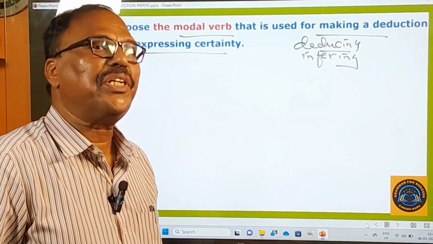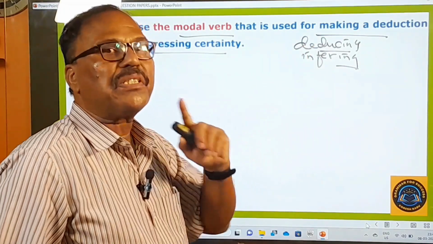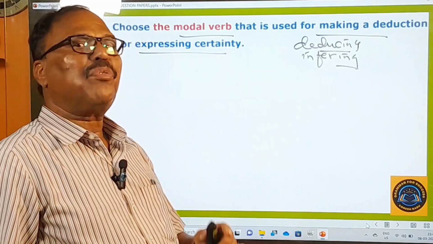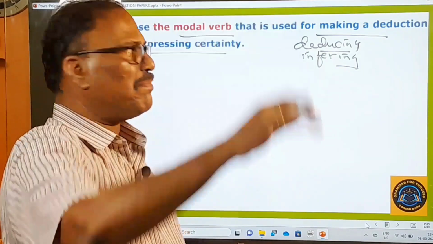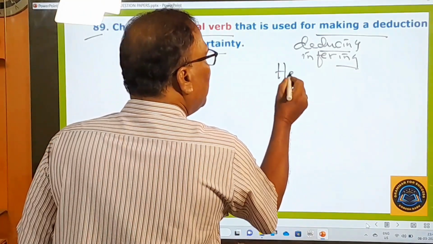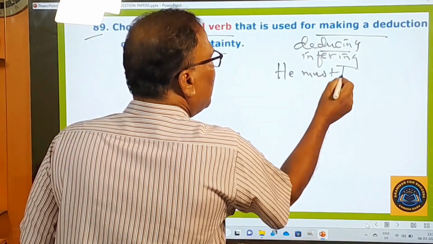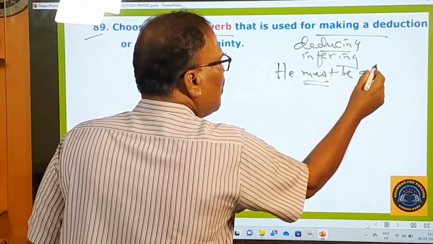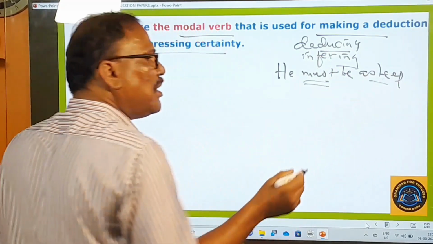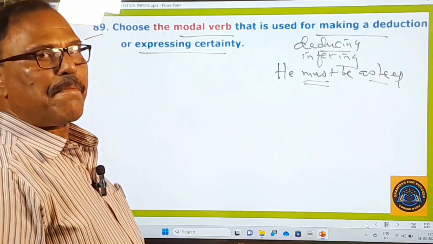Then what do you deduce? Deduce means infer. What do you guess? That he must be asleep. He must be. So deducing or inferring is expressed by must. He must be asleep.